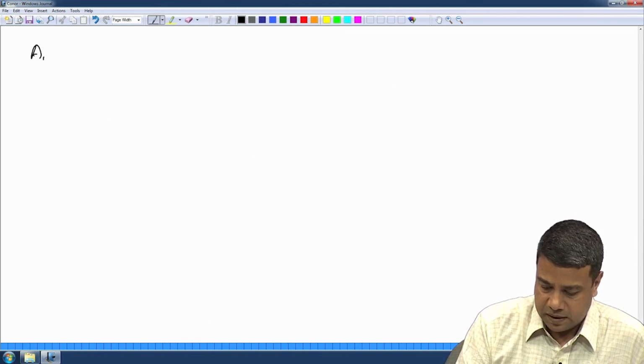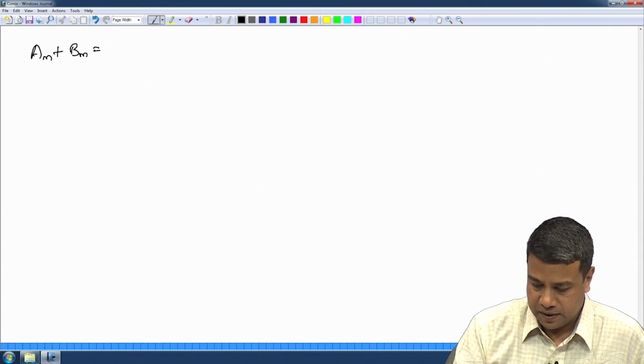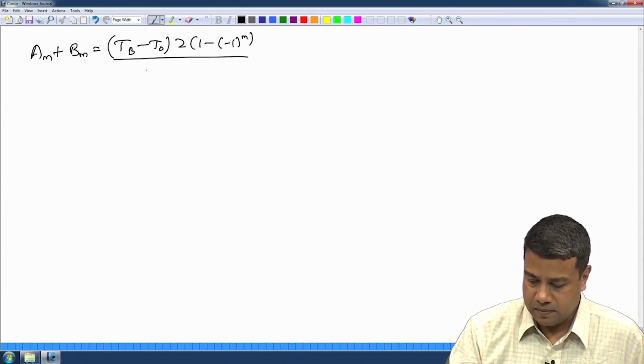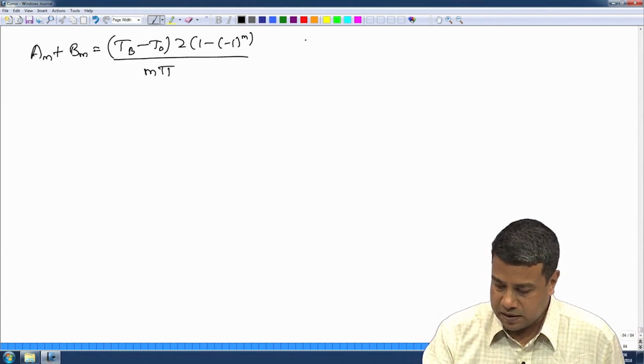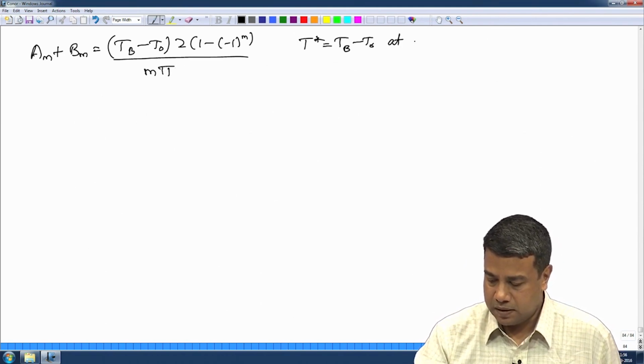I have a m plus b m is equal to Tb minus T naught into 2 into 1 minus 1 power m by m pi. This was from the boundary condition T star is equal to Tb minus T naught at y equals 0.